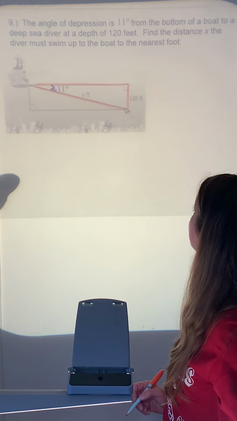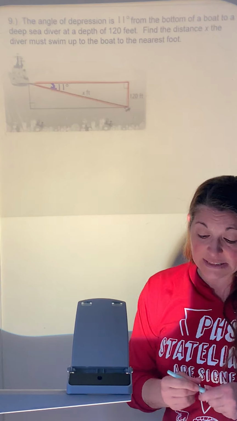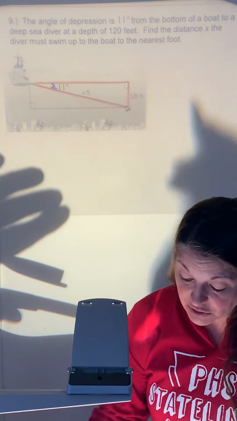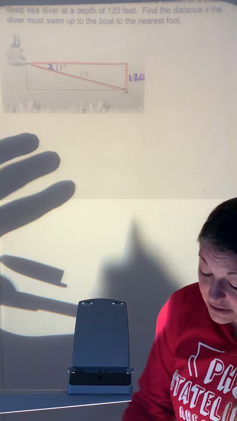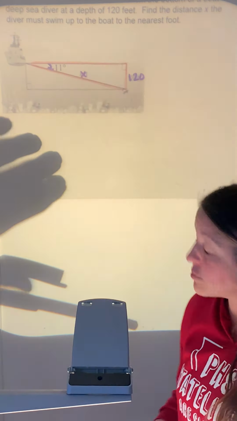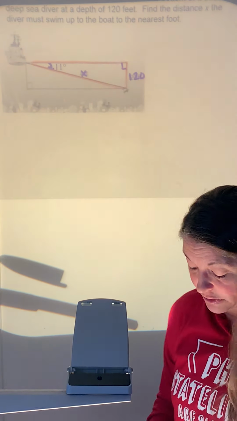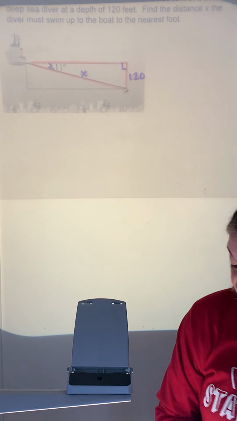So you just focus on the half of the picture that has all the information you need. It's got the 11 degrees in there, it's got the 120 here, and it's got your X right here. The 90-degree angle right here. So we're just going to focus on that orange highlighted triangle there.